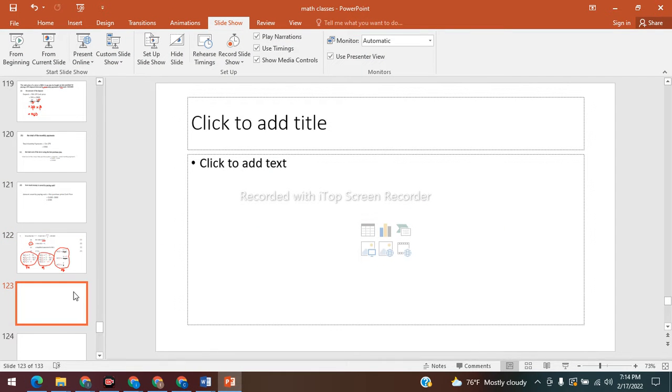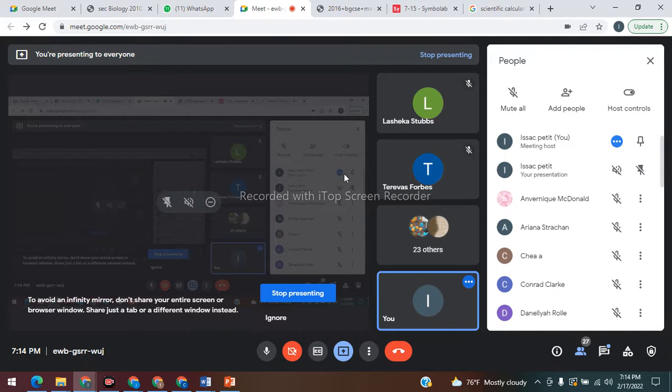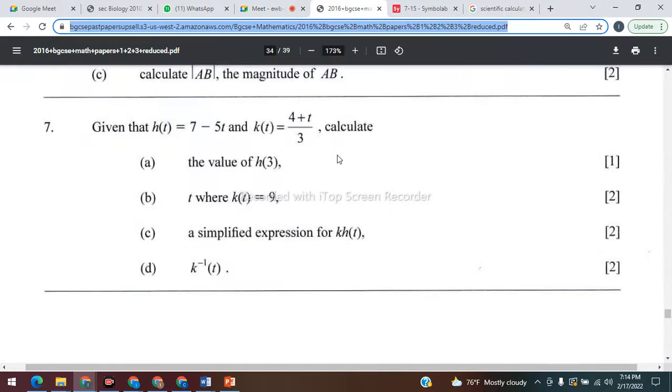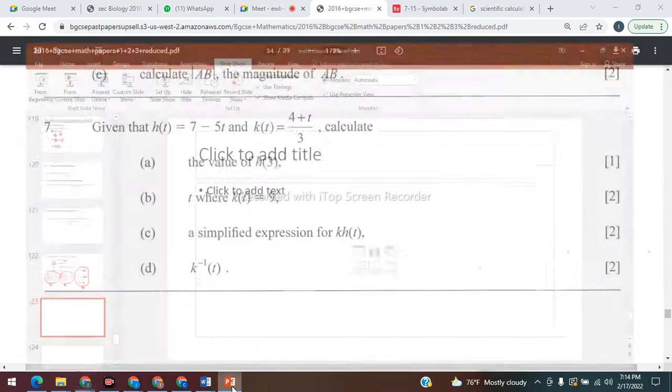Okay, so if we're trying to do B, we need to find t where k of t is 9. So it's very important what they say.